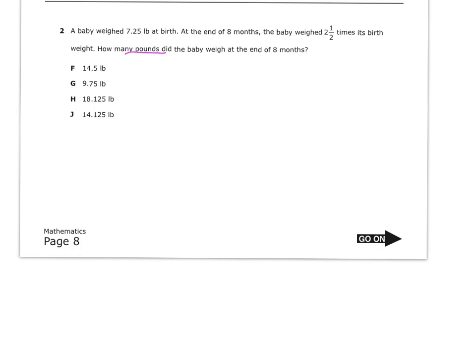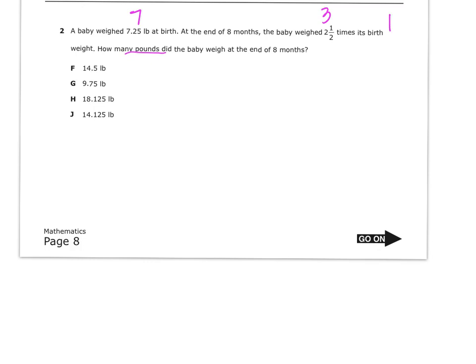Okay, so they started out at 7 1/4 and they gained 2 1/2 times that. Okay, we're gonna estimate first. Let's just say this is 7, and then this is almost 3, okay? This is my estimation. My baby's weight should be somewhere around 21 pounds.